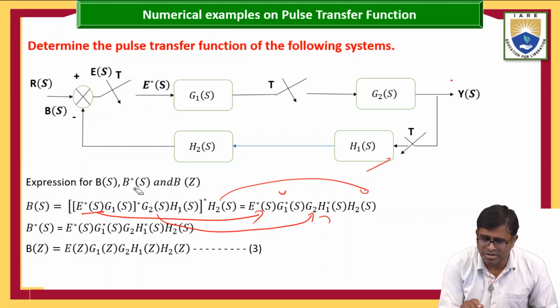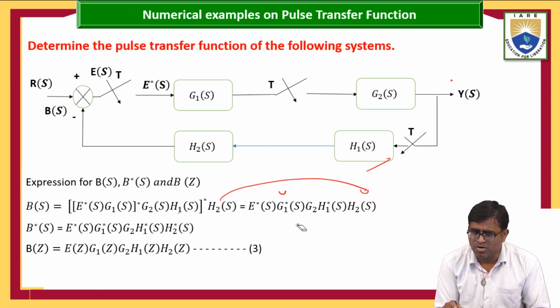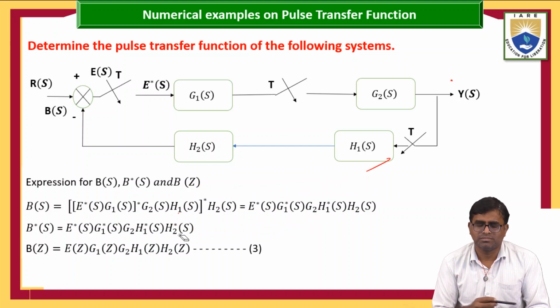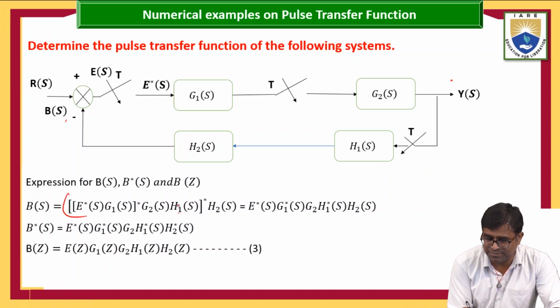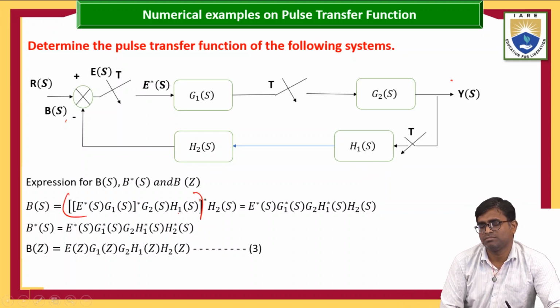So carefully you have to express the equations. Okay. B of S has the feedback pulse function, that's why for the total we are taking the pulse. Okay, for B of S. But here H2 of S is there.